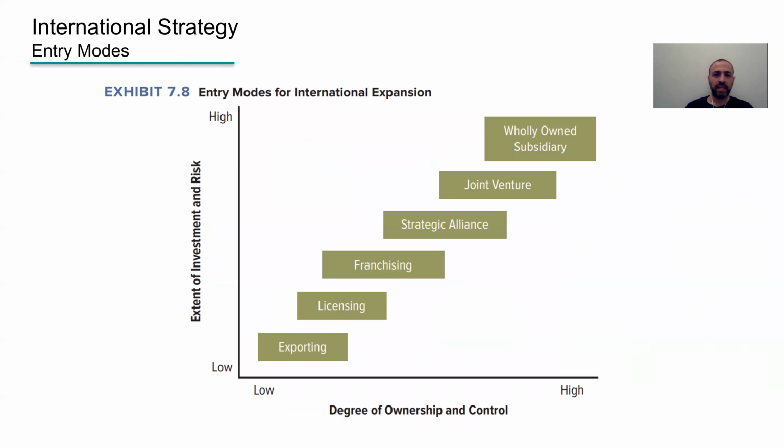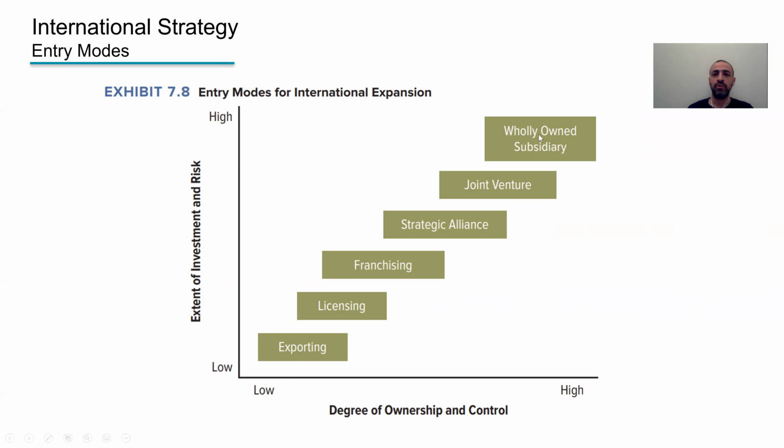Also for entry modes, as you can see here, if the degree of ownership and control is low, and the extent of investment and risk are both low, you can go through exporting. It's the smartest way to start in a new country.